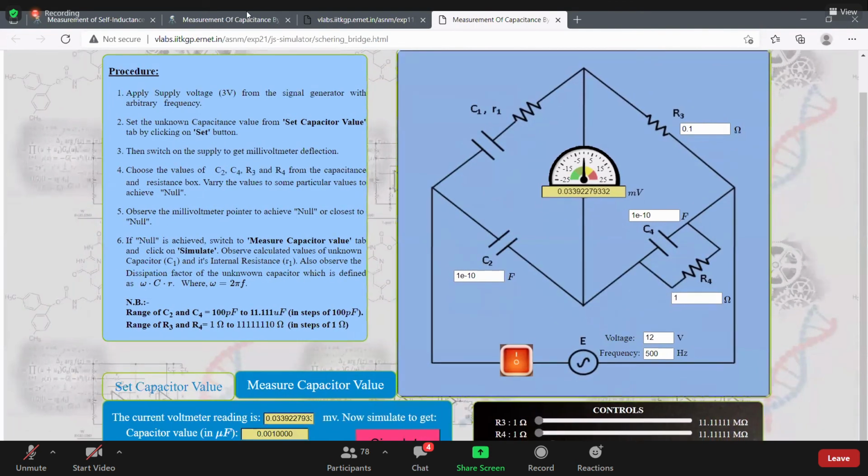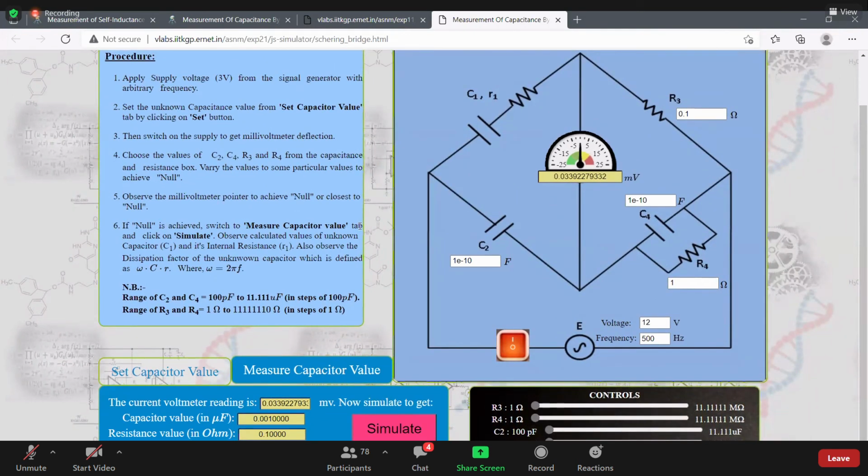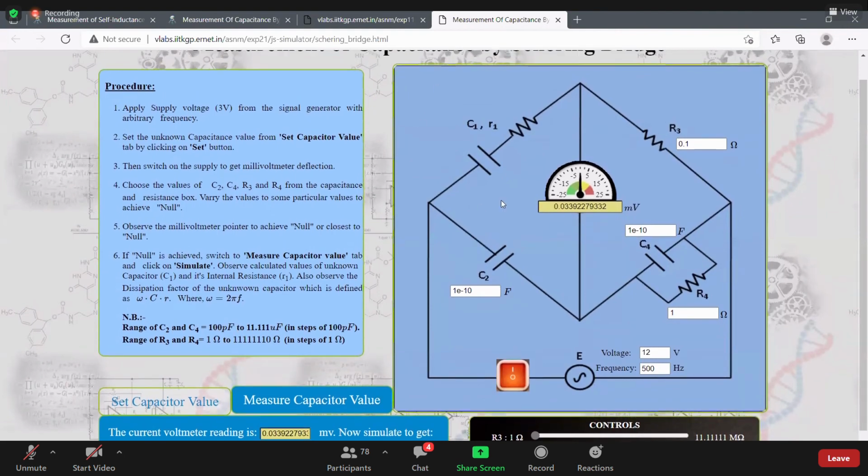Explain once again. Okay, sir. So we are measuring the unknown capacitor C1, which is C1 here. So we have 3 capacitors, 3 resistors. C1 is like R4 into C2 by R3.